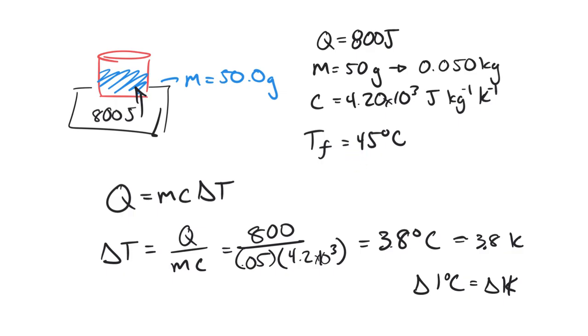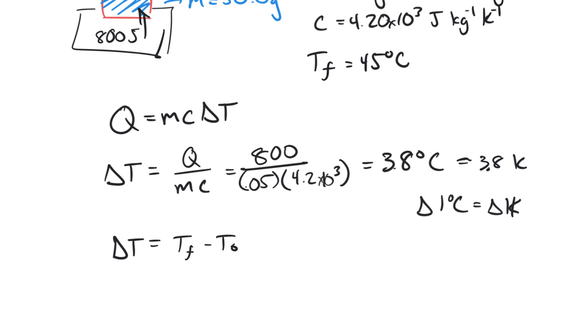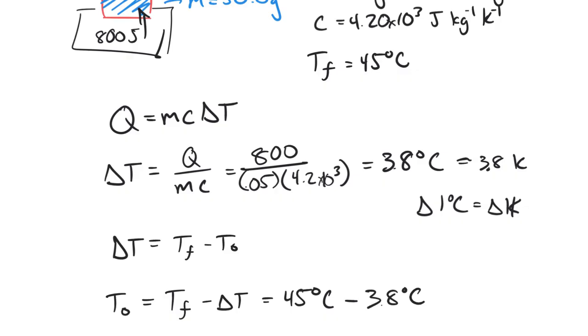So my change in temperature is my final temperature minus my initial temperature, which means my initial temperature is simply my final temperature minus my change in temperature. So that's going to be 45 degrees Celsius minus 3.8 degrees Celsius.